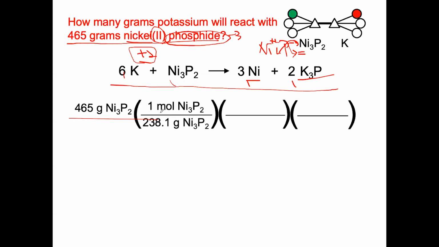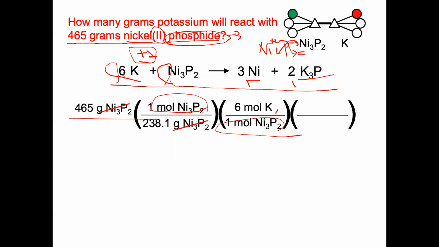So I did this in my head. 1 mole of nickel phosphide will have 238 grams of nickel phosphide, okay? So that's going to convert this into how many moles there are. Is that clear? And then cancel that out, and then we know that there is a 1:6 ratio here, correct? So 1 mole of this reacts with 6 moles of potassium.